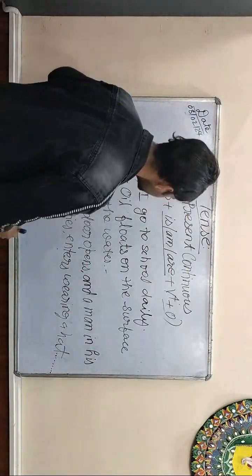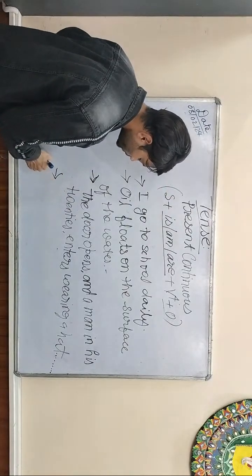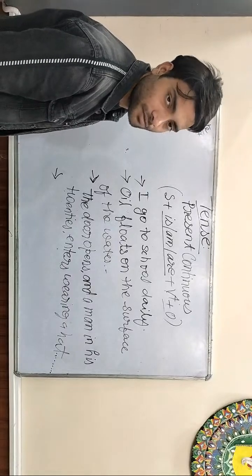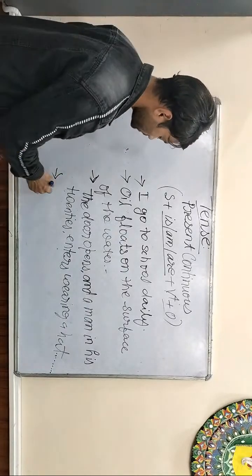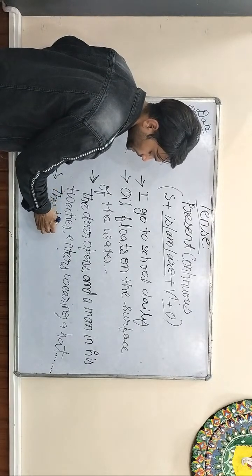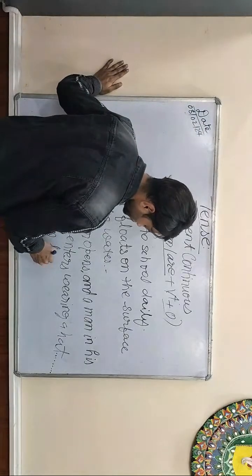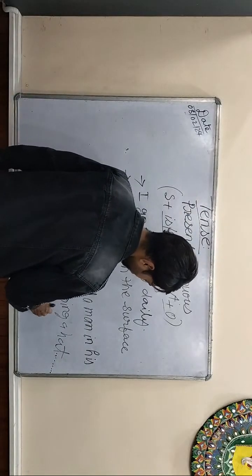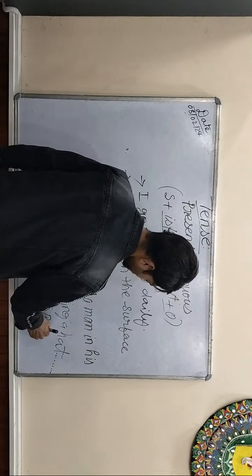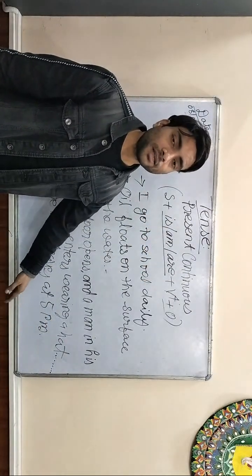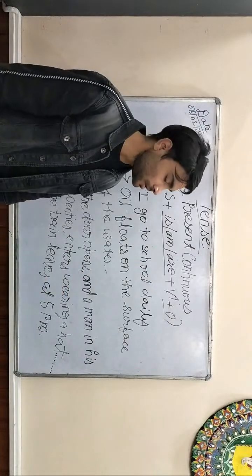And also, simple present tense is used to talk about the future, something that is fixed in the future. You can say, the train leaves at 5 p.m. This is something fixed that is going to happen.